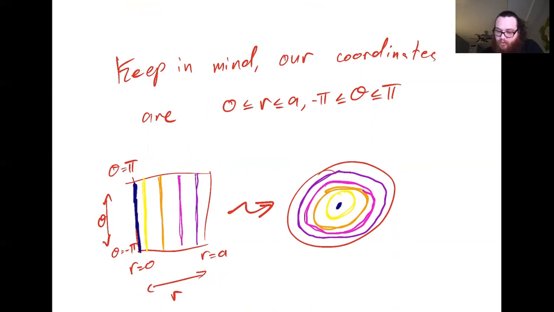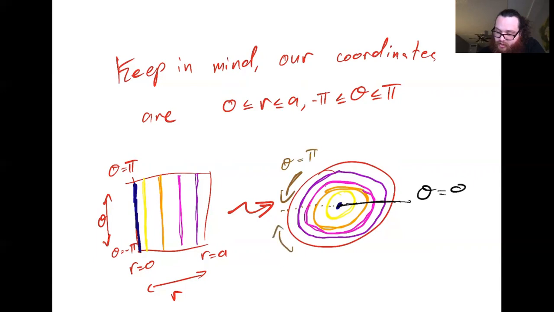You can also ask, where do the lines theta equals pi and theta equals minus pi get sent? Generally what we do is say, this black line right here is theta equals 0. Then this brown line right here, as you approach from up there, that's theta equals pi.